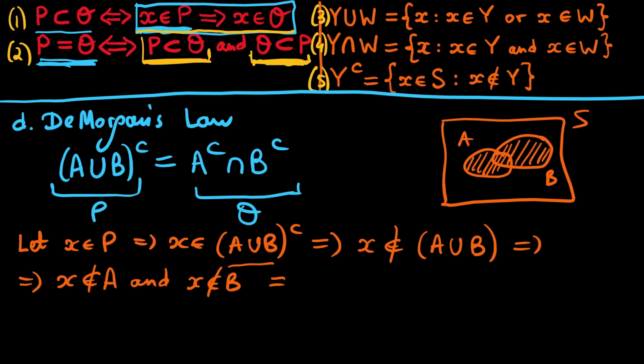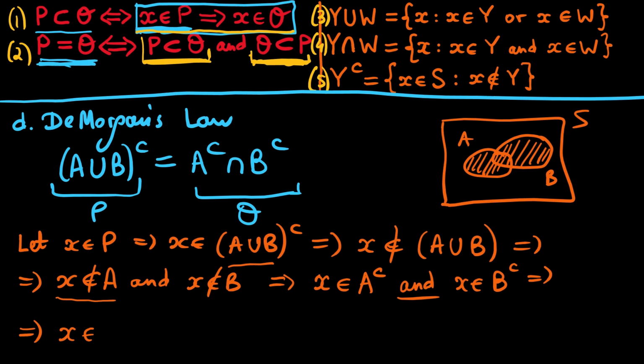Okay, and so X is not an element of A. By definition 5, going from right to left, that can be written as X is an element of the complement of A. Now we've got an and X is an element of the complement of B. Okay, and then by definition 4, going from right to left, that means now that X is an element of the intersection of these two sets.